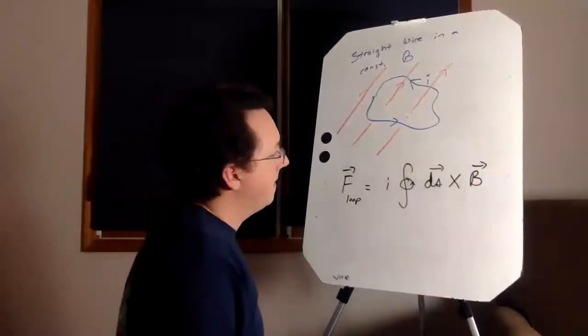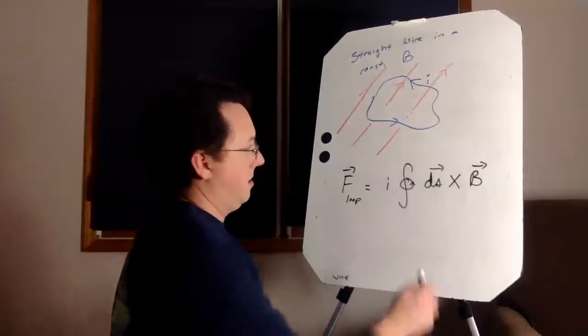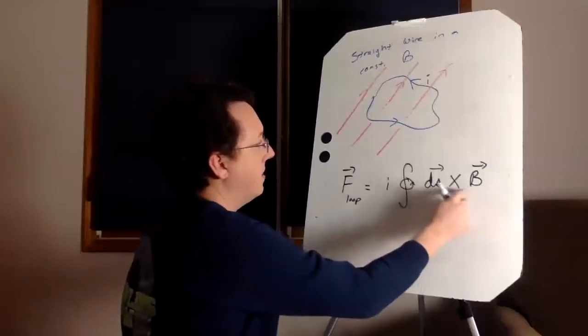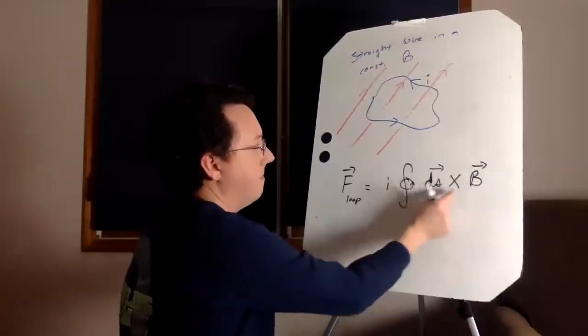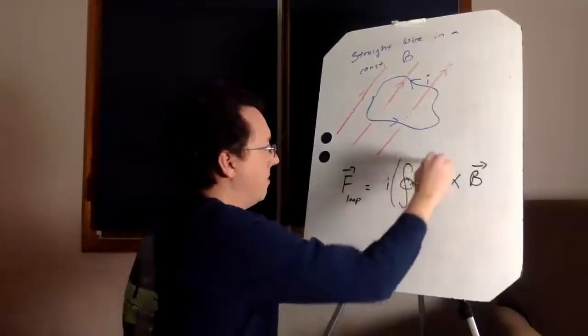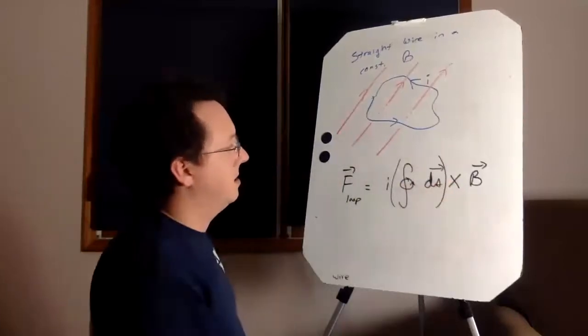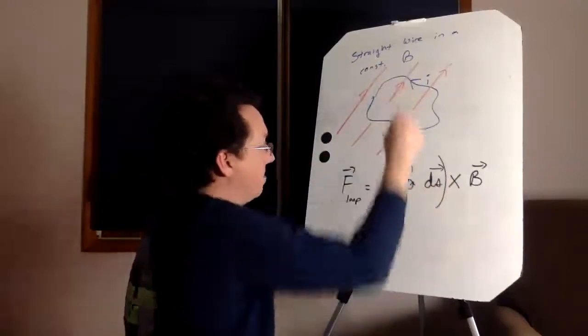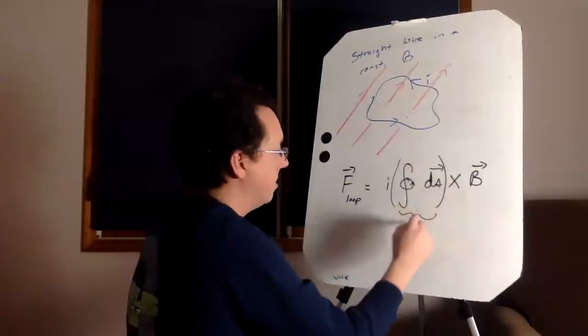And again, because this is a constant vector field, it's the same cross product element by element, so you can factor it like this. And because it is a closed loop, when you add up all the displacements, this integral is going to be 0.